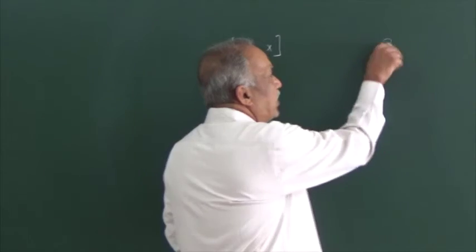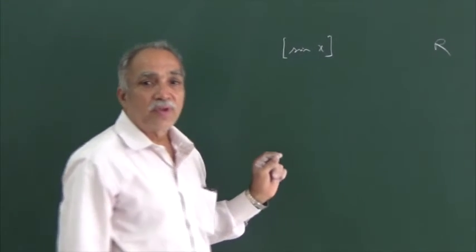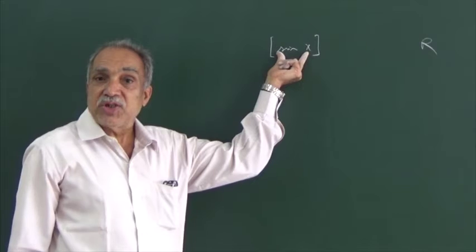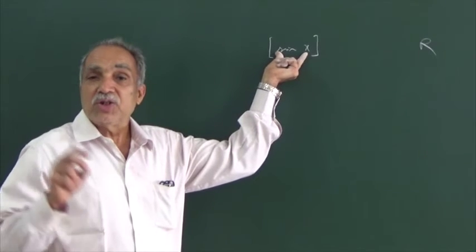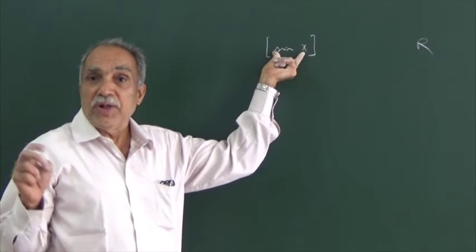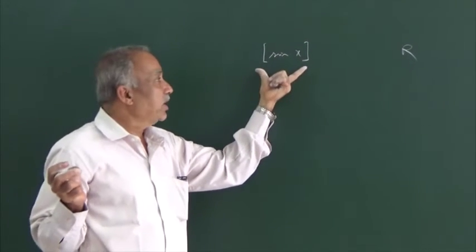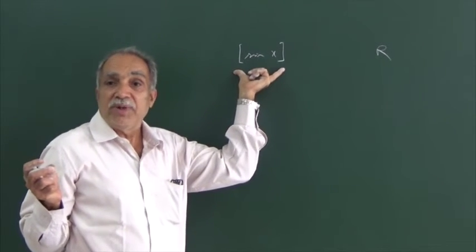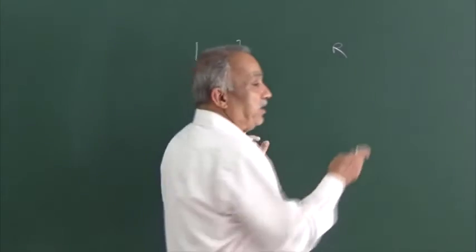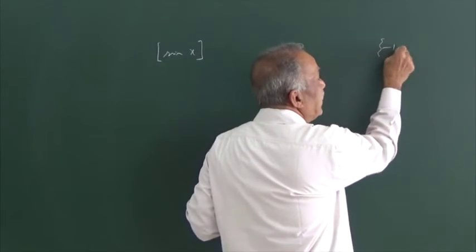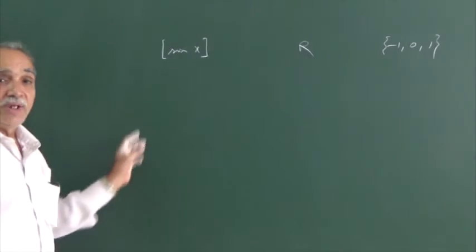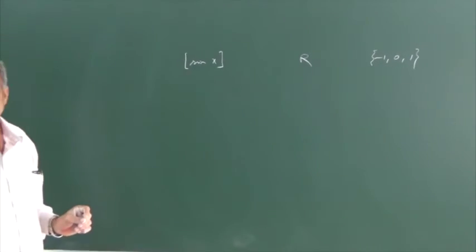Domain will be the set of all reals. What about the range? You already noticed sin x takes values between minus 1 and 1 only, including minus 1 and 1. So, what are the possible values for the integer part? It cannot be 2, it cannot be minus 2. The only values it can take are minus 1, 0 and 1. Range is a 3 element set, domain is the entire set of real numbers.